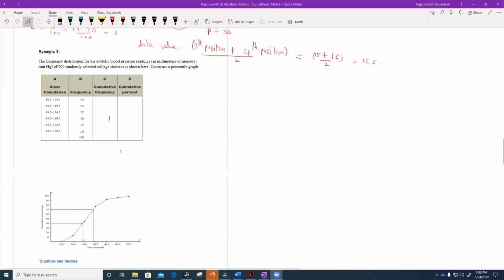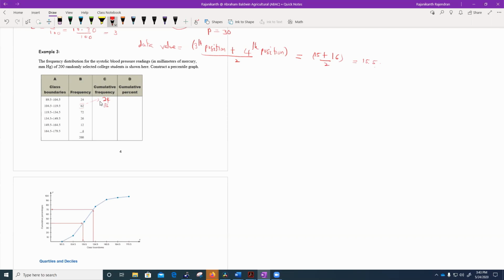Remember, we all know how to make the cumulative frequency table if you are given a grouped frequency table, which is given here. The frequency for the first class is 24. Therefore, you need to start with 24. So I'm starting with 24. Keep on adding. Now, how do you find the second cumulative frequency? Well, you need to add 62 to the previous frequency, which is 24. So just add them and you get 86.